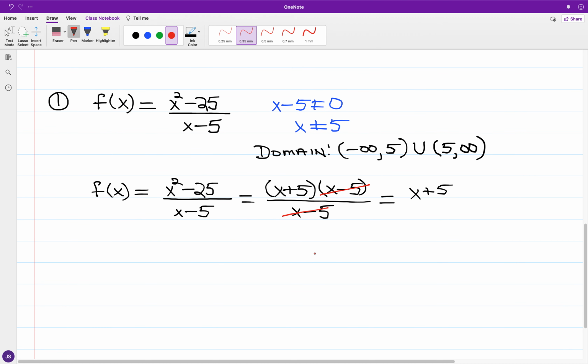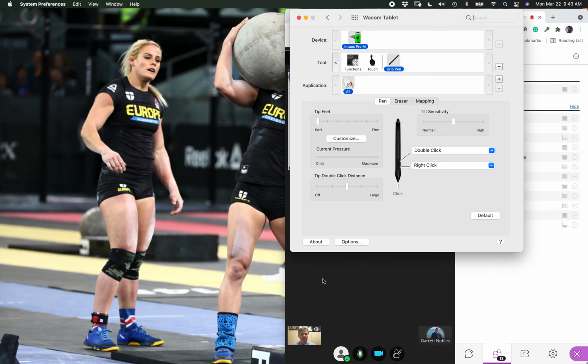Okay, so here, x minus 5 cancels out. And so if the factor cancels, then that exclusion from the domain is going to be a hole in the function.